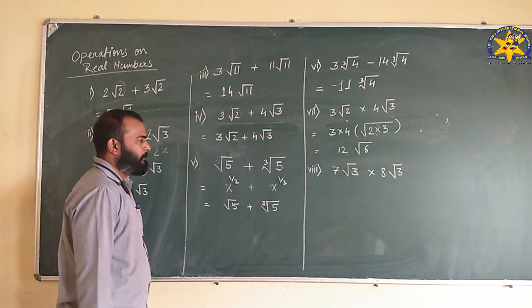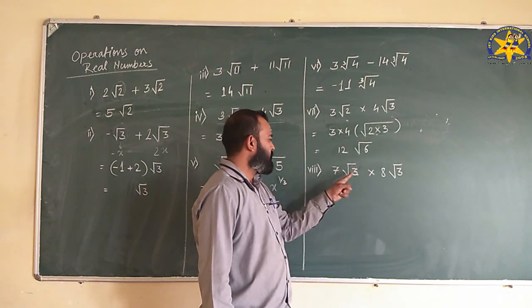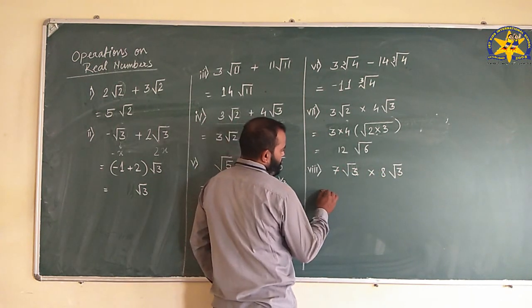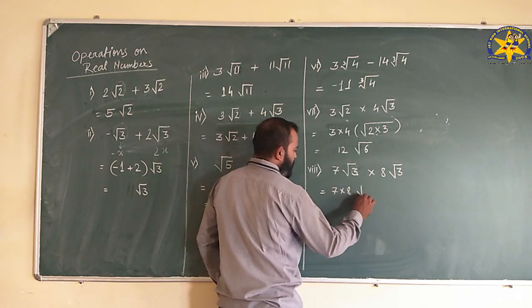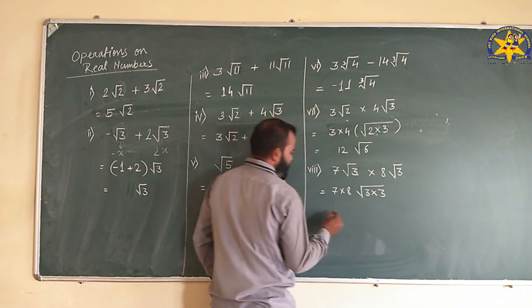Now see here, I have told you just now: rational by rational and irrational by irrational. So what will come? 7 into 8, and in root 3 multiplied by 3.